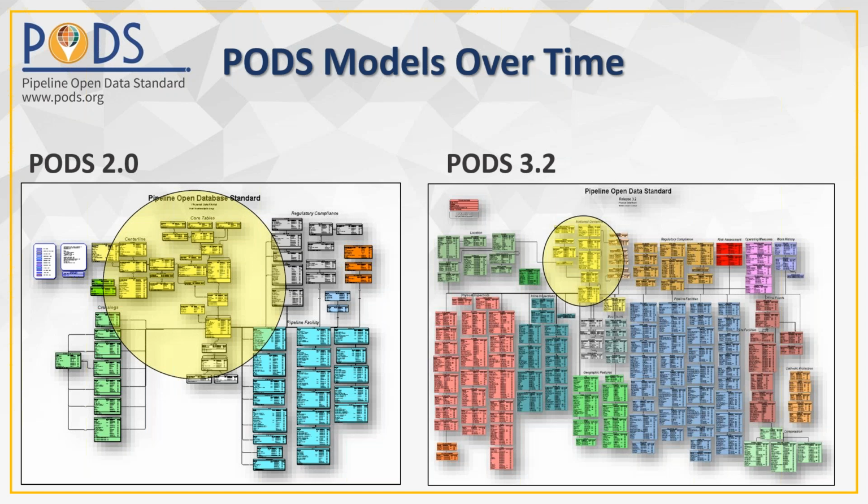So you can see in PODS 2 and 3, there's not a whole lot of difference technically between these, except to say that there's a lot more information being stored in a PODS 3.2 model than a PODS 2.0 model. You can see there's many more tables, and they're all relational databases, right? They're all related tables.